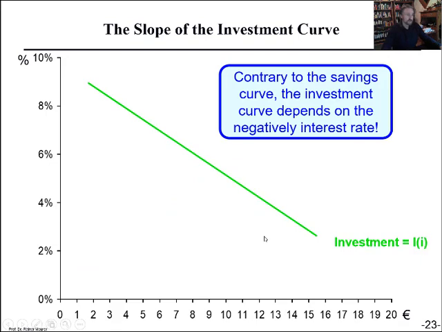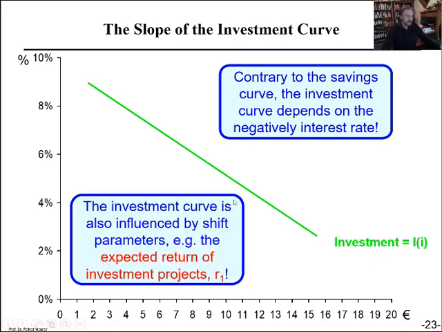Contrary to the savings curve, the investment curve has a negative slope. Consequently, the lower the interest rate, the higher the demand for savings capital. The investment curve is also influenced by shift parameters, for example, the expected return of investment projects.